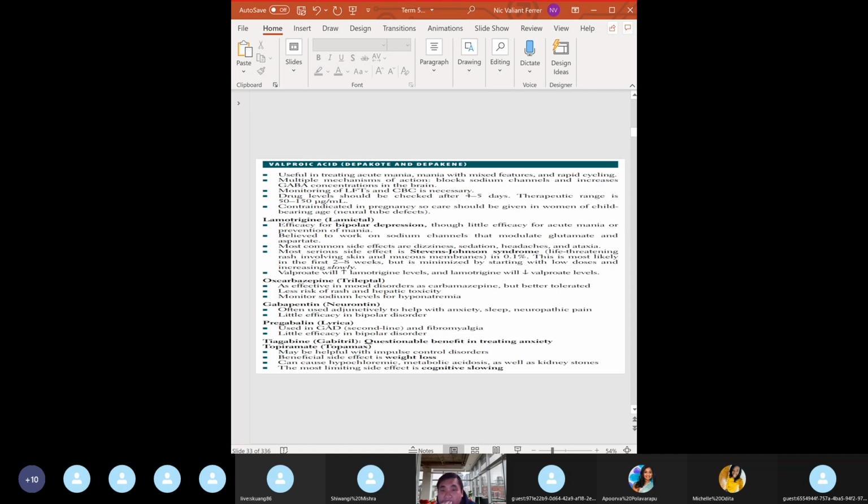However, be careful because the most limiting side effect of Topamax is cognitive slowing. So for this one, I want you to know carbamazepine, valproic acid, lamotrigine, gabapentin, and topiramate. I think those are the high yield drugs.